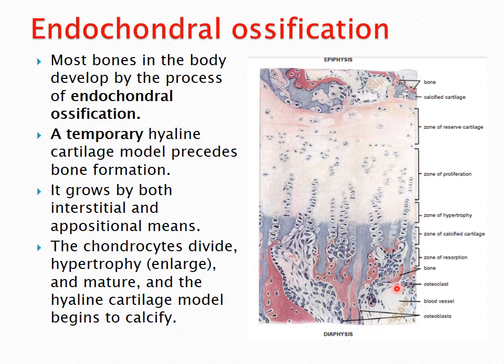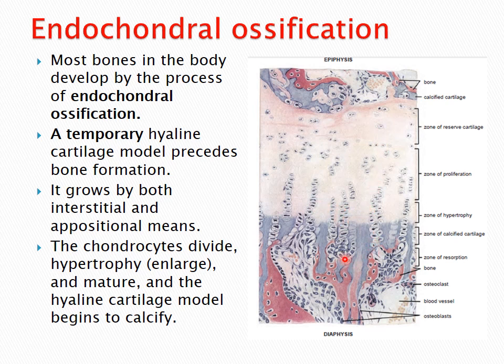You can see the osteoclast cells which lie in the resorption base, and these resorb and remodel the extra bone. So the chondrocytes divide, hypertrophy, enlarge and mature, and the hyaline cartilage model begins to calcify. So this is all hyaline cartilage, in which there are different zones of the cartilage.